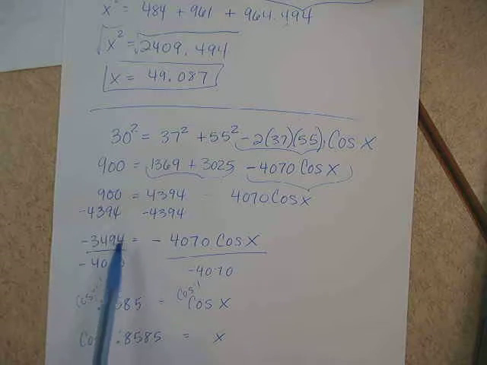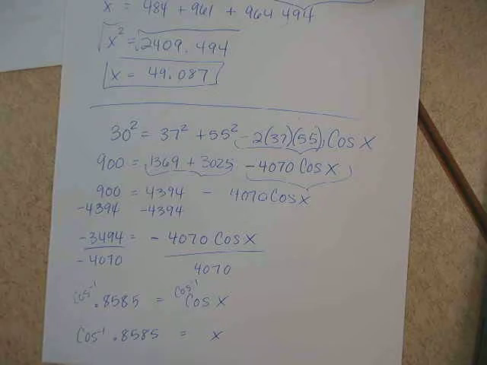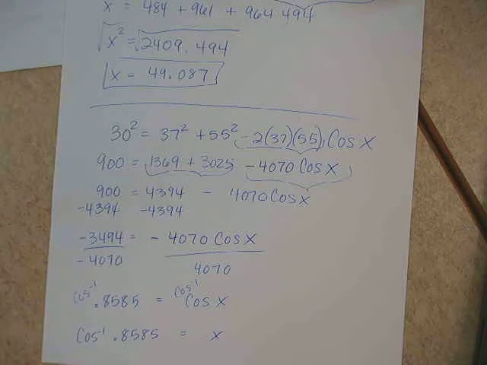Part of this is getting to know your calculator and how to punch it in. Let me go back a second, because to find less keystrokes, do 3494 divided by 4070, so you have that long decimal in there.